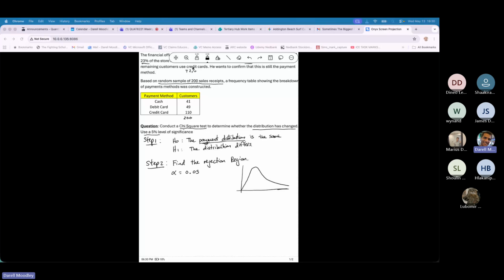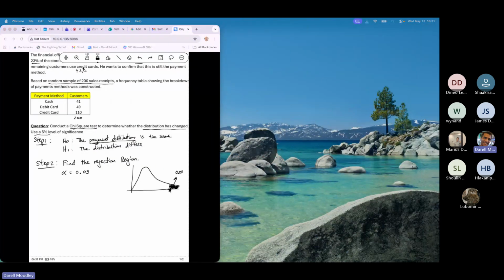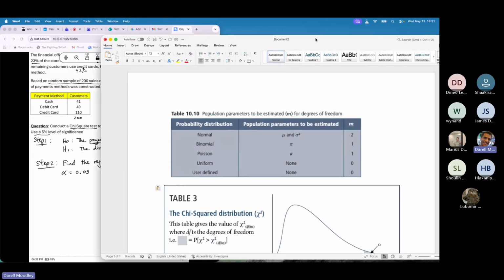The size of that shaded area is 0.05, because that's your level of significance. What we need to figure out is the cutoff point on the axis. To find that point, we need to use the distribution table in the back of your book. So let me split my screen here and bring up my Word, and I'll show you them side by side.